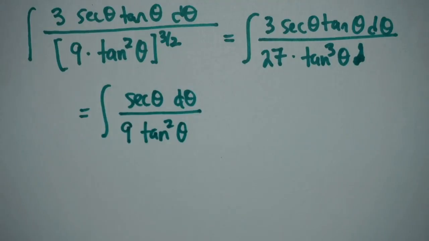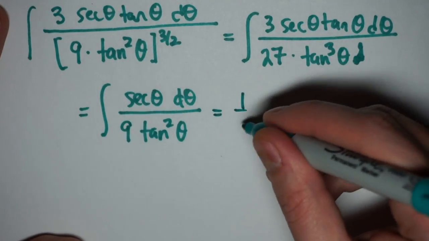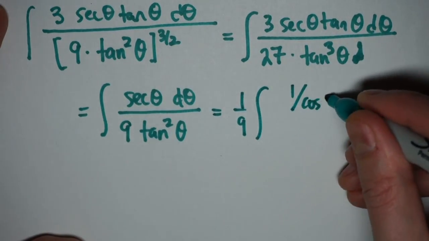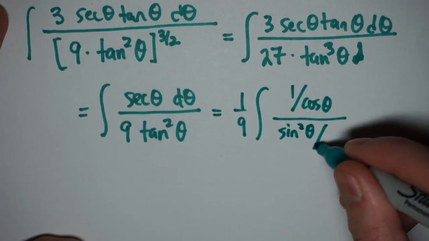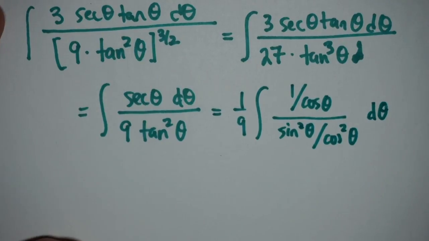There are a couple of different ways we can approach this integral. There are some tricks we can use, but probably the easiest way that I've found to do this is to switch things into sines and cosines and see if we can find an easy substitution. And so we write this as 1/9 the integral of 1 over cosine, divided by sine squared over cosine squared, all with respect to theta.